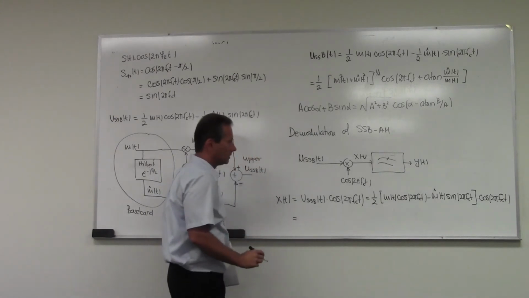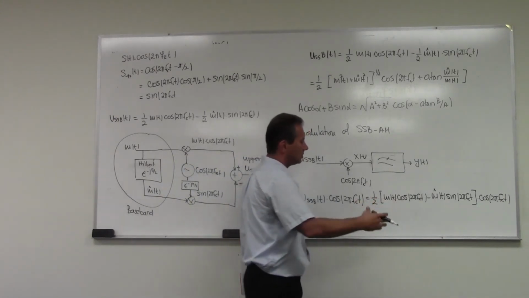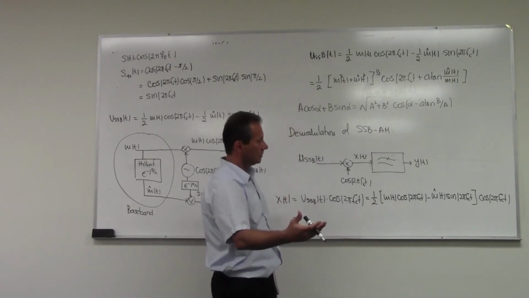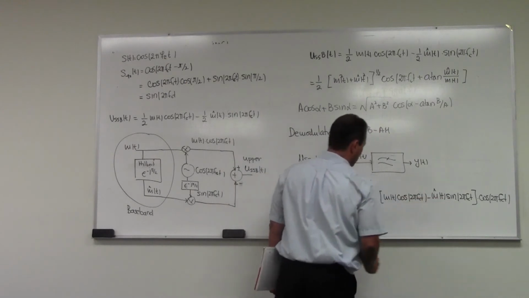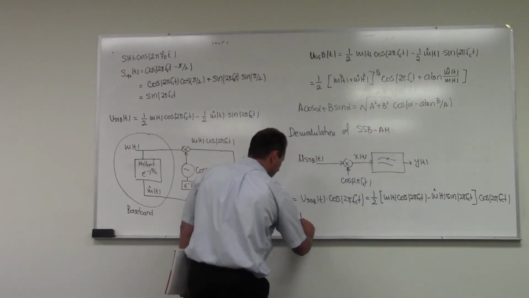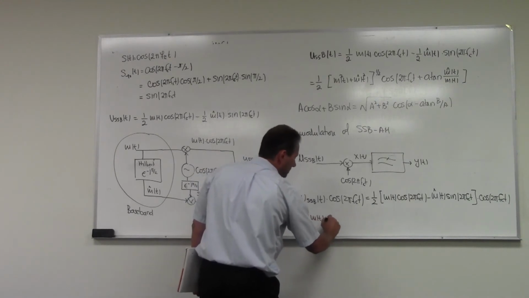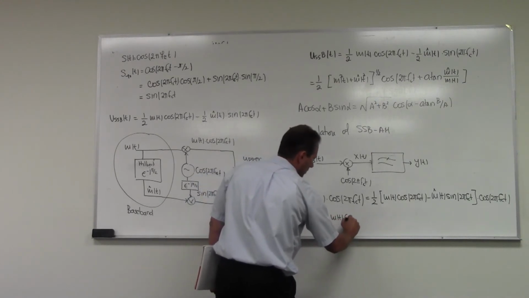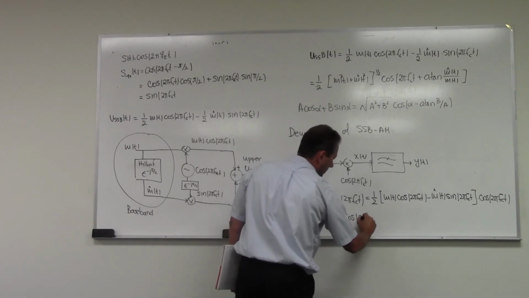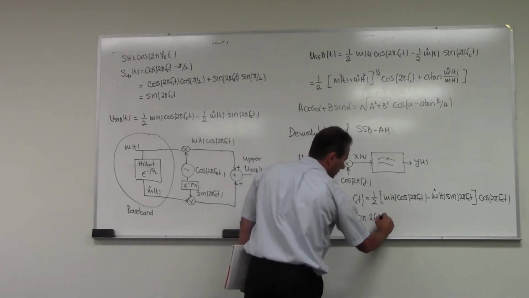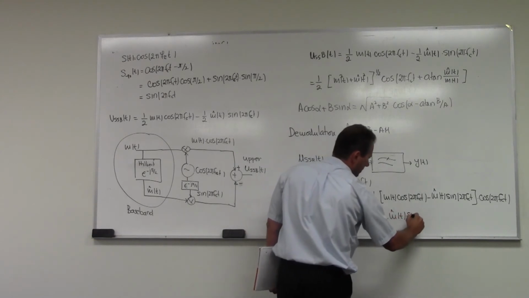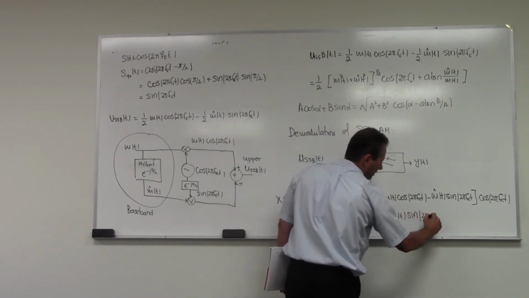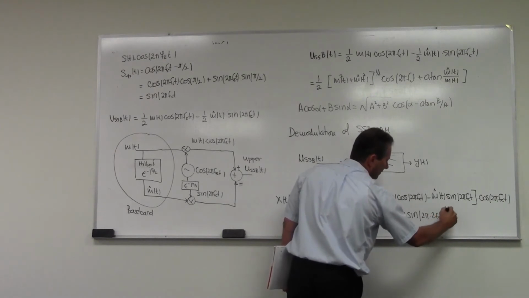Right now you know that cosine times cosine gives you 1/2 of 1/2 plus 1/2 of a double, and then this is just a 1/2 of a double. So this becomes 1/4 m of t plus 1/4 of m of t cosine 2 pi times 2 f_c t minus m hat of t times sine of 2 pi times 2 f_c t.